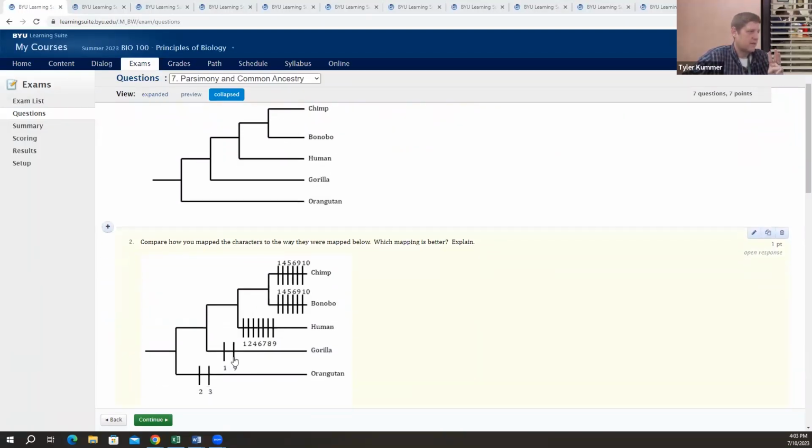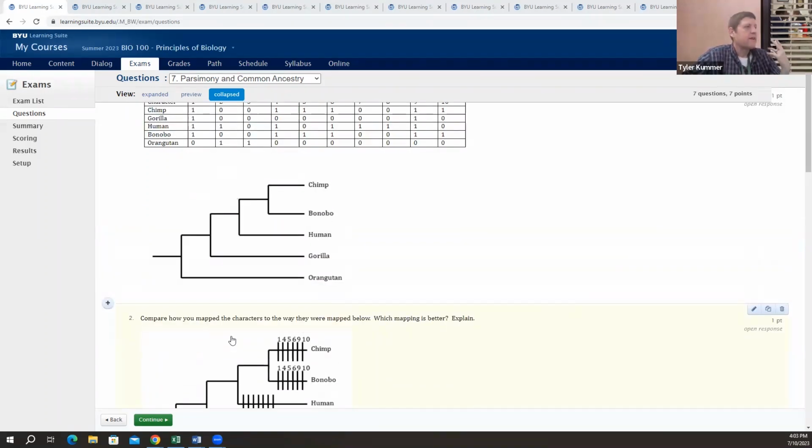If we look, we can see how this tree down here assumes that all traits were the result of convergent evolution. They all evolved independently in every lineage rather than being homology, rather than being passed on from a common ancestor.